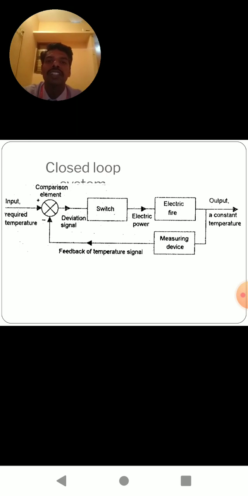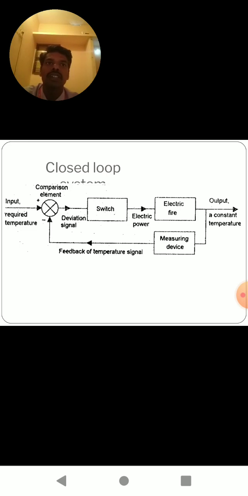The next element is the comparison element or error junction, where the desired system output and the measured or estimated output are compared to form the error signal. The error signal is the difference between the reference value and the measured value.